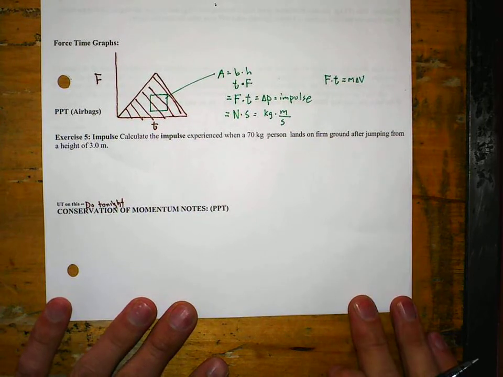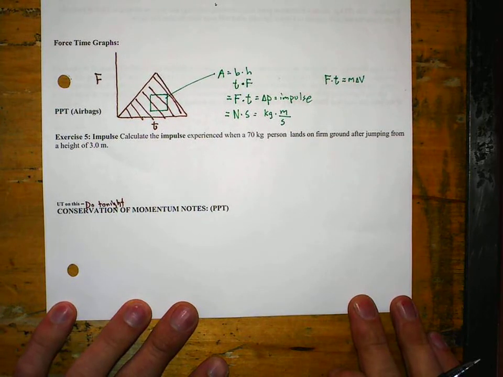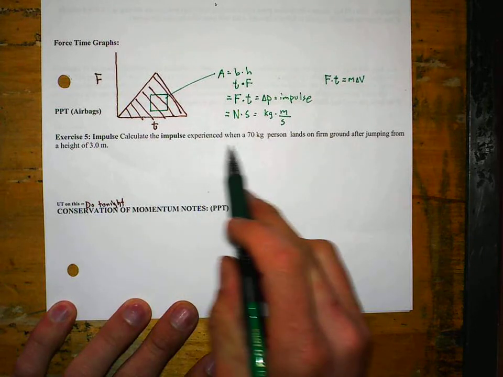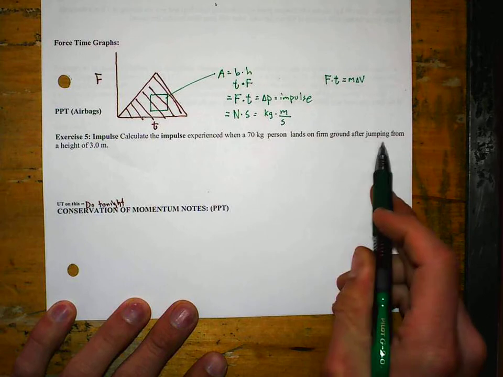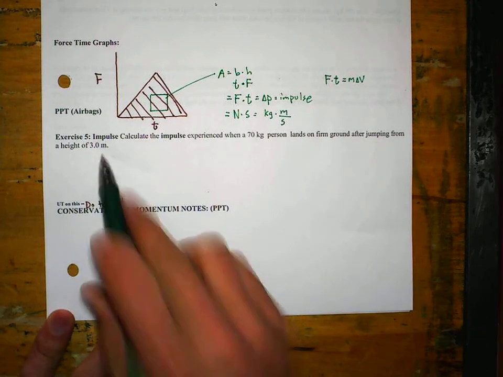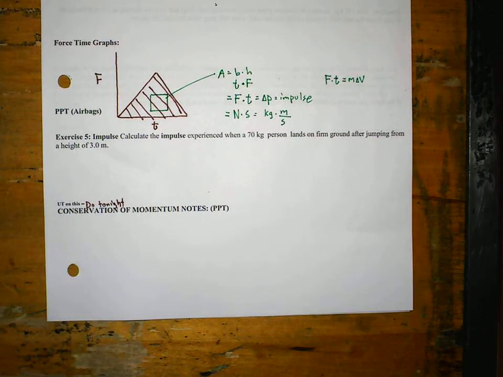All right, let's do an impulse problem, for example, here. Calculate the impulse experienced when a 70 kilogram person lands on firm ground after jumping from a height of 3 meters. When you jump off a rock or something like that, do you lock your knees out and land like a stick? I hope not.